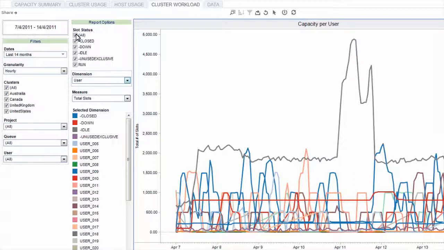I can change the dimensions in this view as well. Instead of looking at slot usage by user, I can look at slots by cluster.